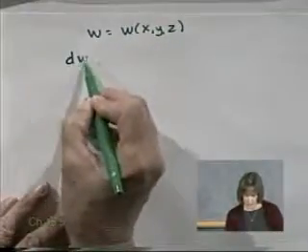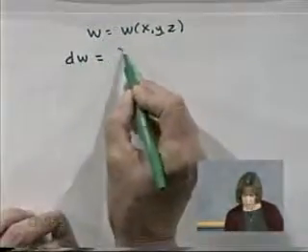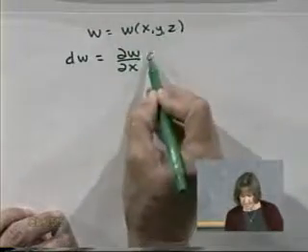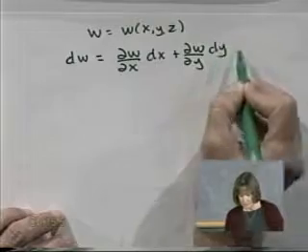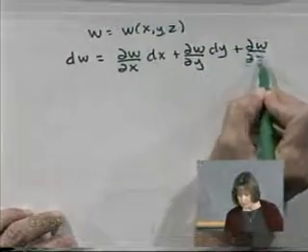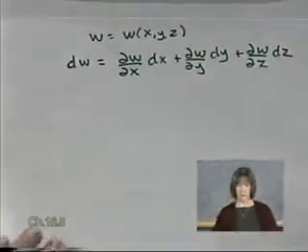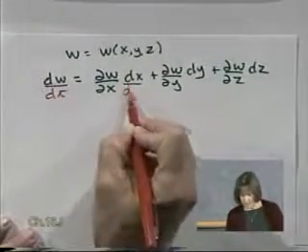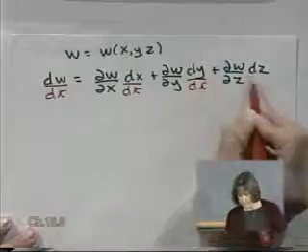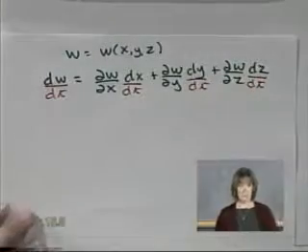So what I'm going to do first of all is say, well, what's dw? dw is equal to the partial of w with respect to x dx plus the partial of w with respect to y dy plus the partial of w with respect to z dz. And if they want dw dt, I divide through by dt on both sides.